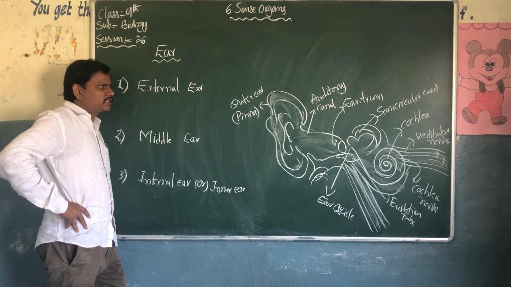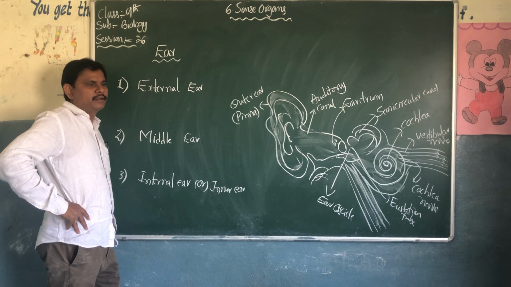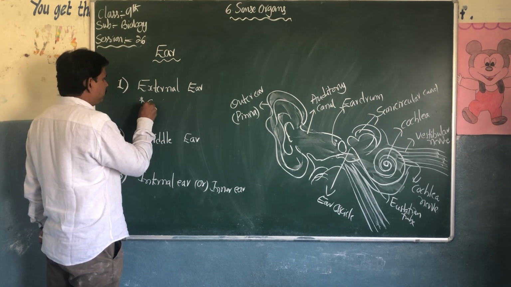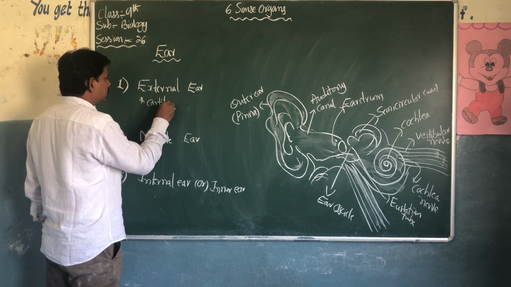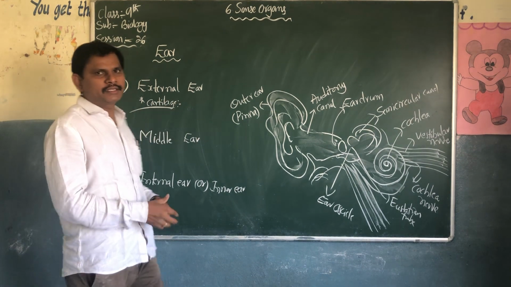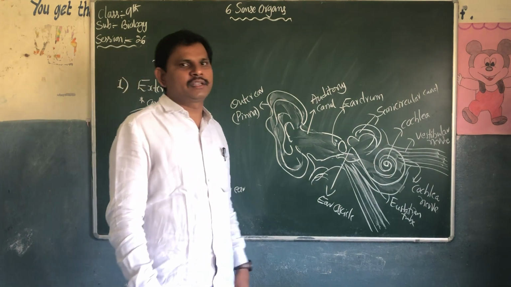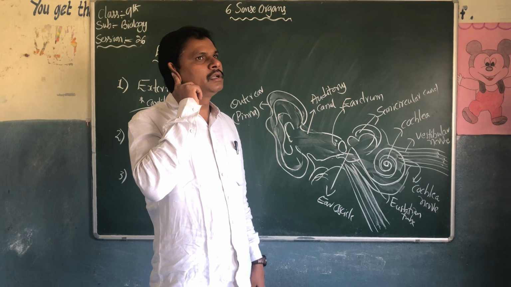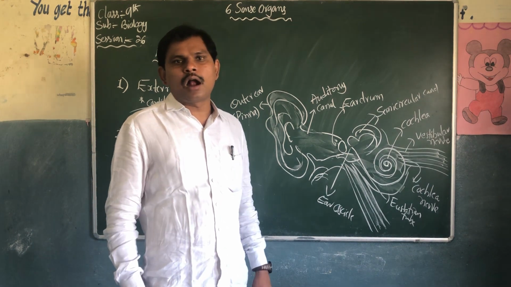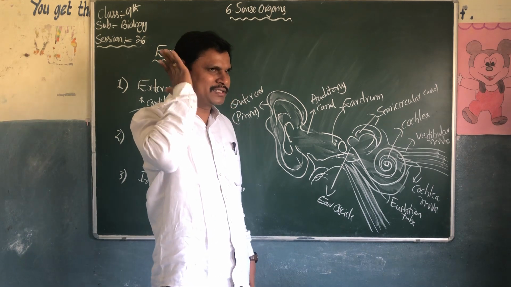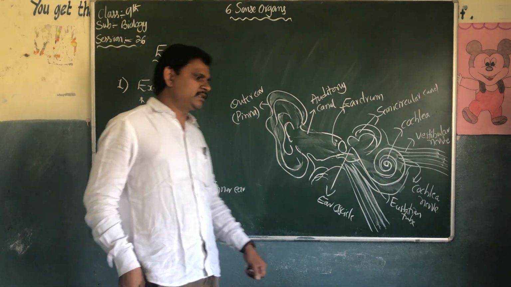The external ear, or outer ear, is made up of cartilage. What is cartilage? We already discussed it in the last class. Cartilage is hard but not as hard as bone. We can bend it, we can bend the external ear, so it is cartilage.